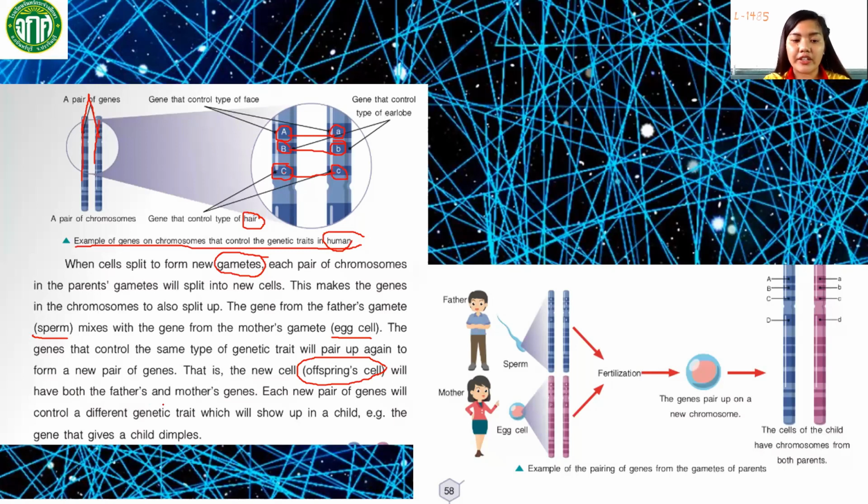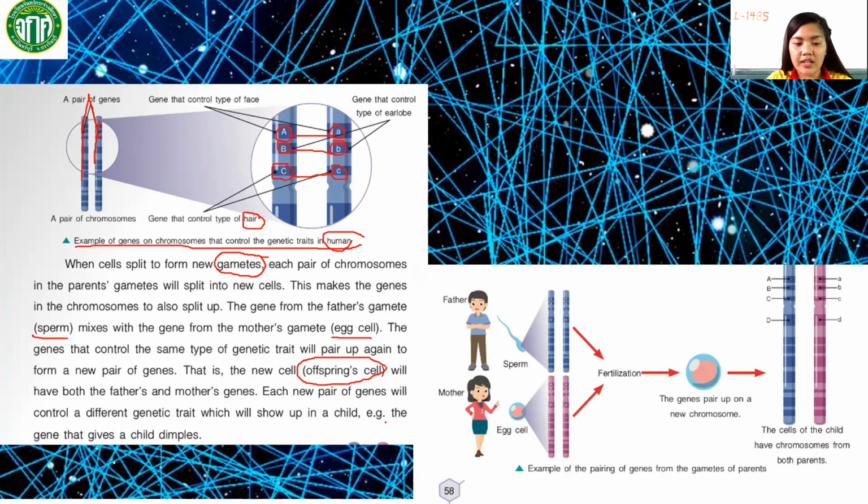The gene from the father and the gene from the mother will join together to form the new cell, and that will be the offspring's cell. Each new pair of genes will control a different genetic trait which will show up in a child.